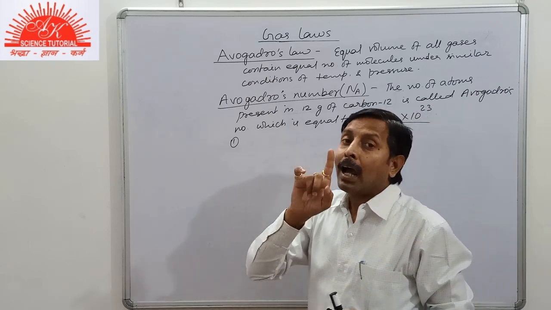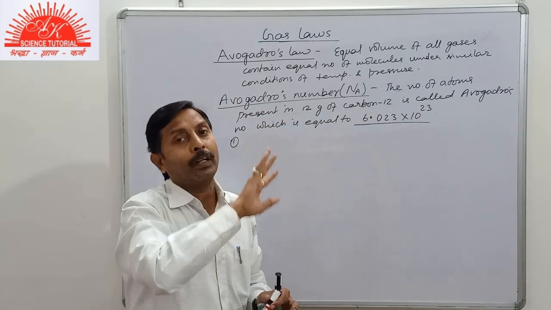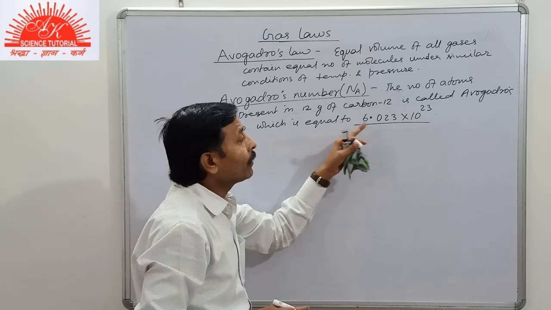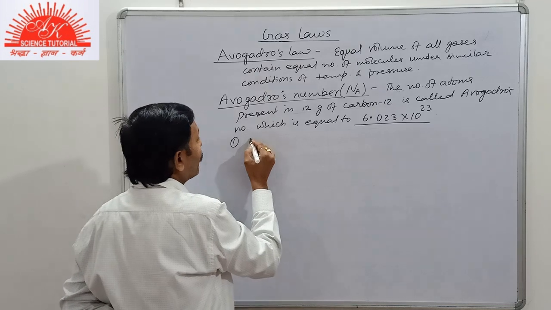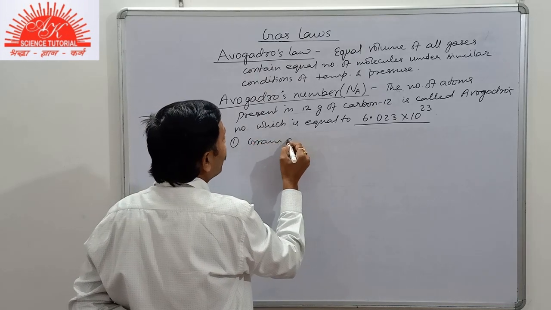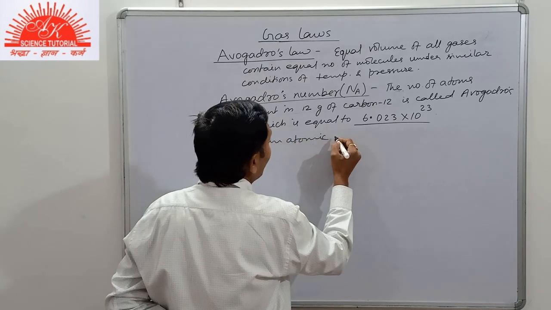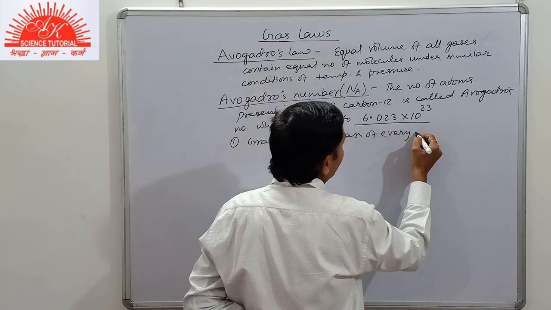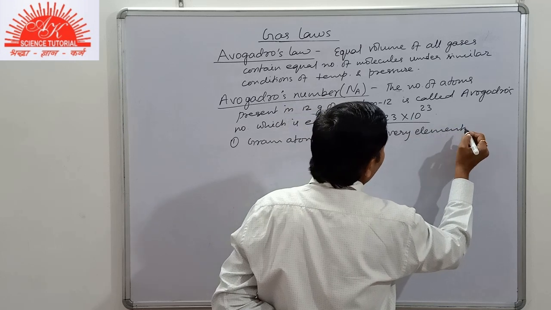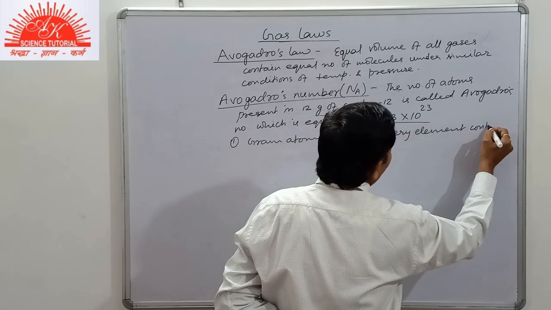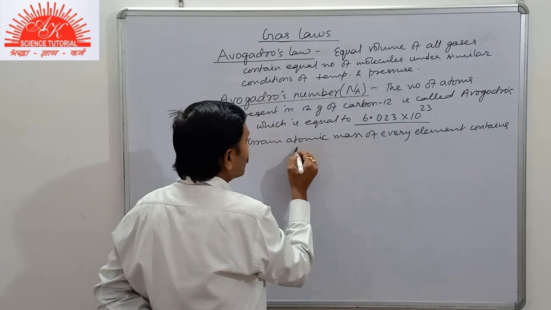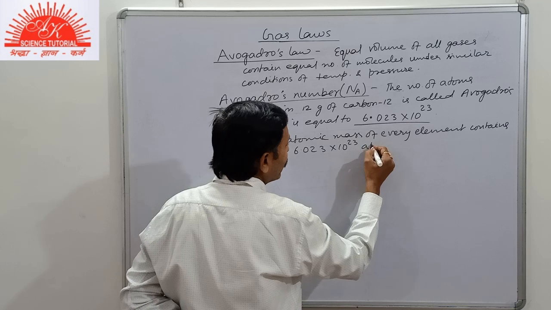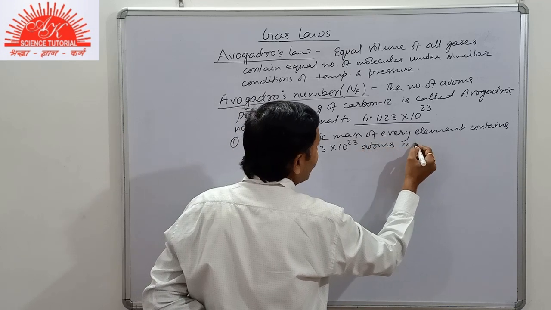So the gram atomic mass of every element, meaning any other element, will have the same number of atoms. So we can write here that the gram atomic mass of every element contains 6.023 into 10 to the power 23 atoms in it.